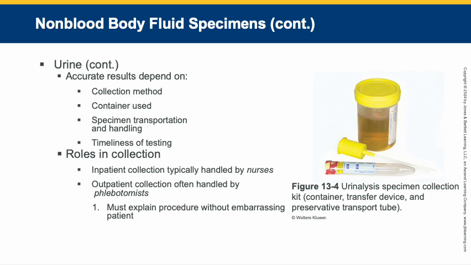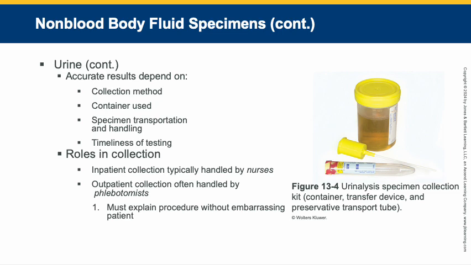Okay, this is where I discussed this already, but here is a picture on figure 13.4. This is a figure that shows the urinalysis specimen collection kit. This is the container that they're going to obviously have the urine in. Then it is a transfer device, which is this yellow part right here.